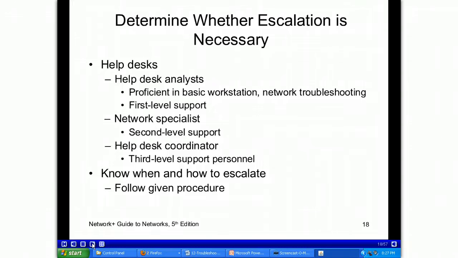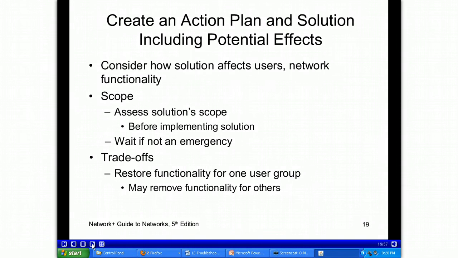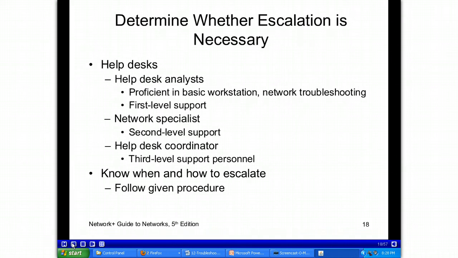Know when and how to escalate. Follow given procedure. An escalation can be cumbersome because some things stop at this area. If you have that in your area, the help desk analyst, they will stop here. I would say 90% of issues that come in can be stopped right here at the help desk.